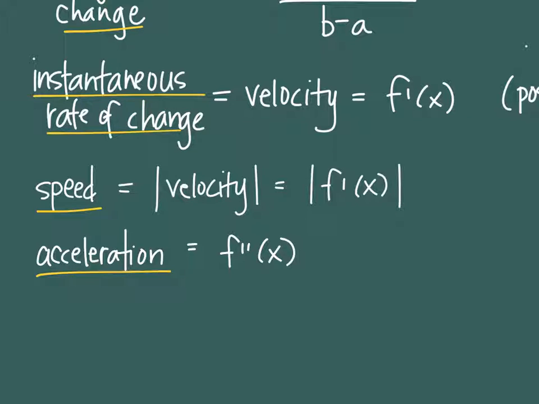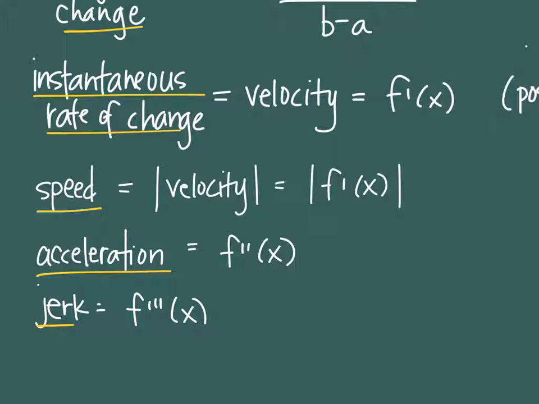And then one we don't talk about super often, but it's called literally jerk. And that is the derivative of the acceleration. That is f triple prime. Believe me, you felt jerk. If you've ever been in a car accident, if you've ever been rear-ended, you felt jerk.